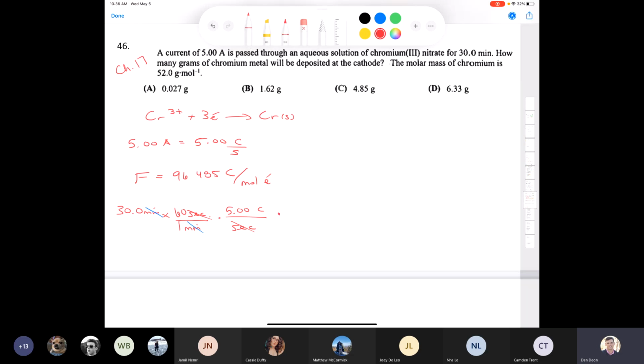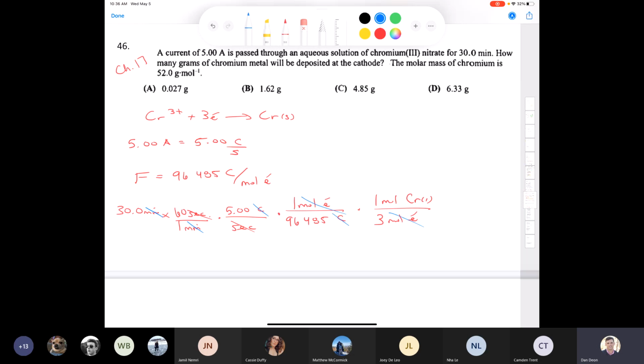Now I know that I have 96,485 coulombs in 1 mole of electrons. But I know that for every 1 mole of chromium metal that I want to deposit, I need 3 moles of electrons, don't I? Those 3 moles of electrons. Again, charge cancels, moles of electrons cancel.